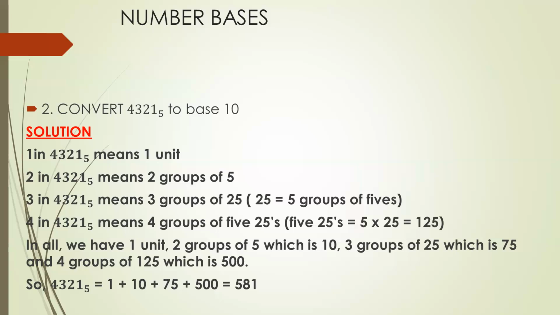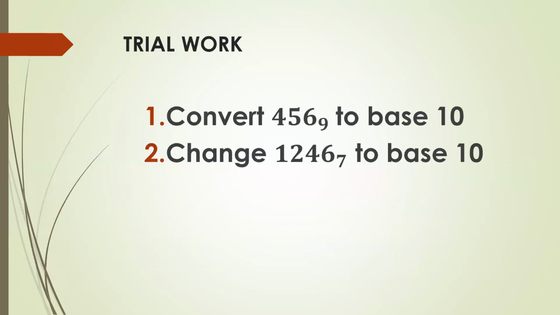So in that case, you have 4 groups of 125, 3 groups of 25, 2 groups of 5, then 1 single. If you add them up, you're going to get 581 base 10.